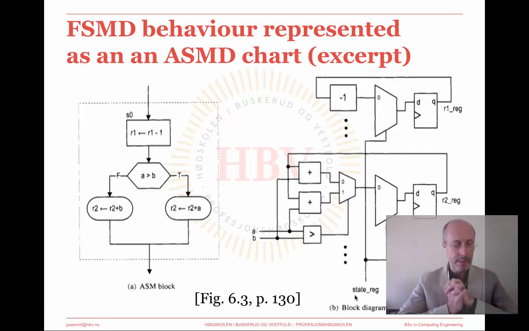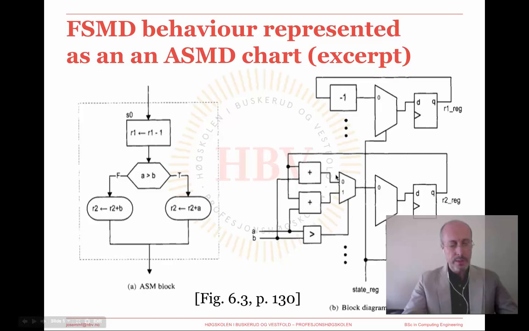You should keep in mind that the destination registers are updated only at the moment when the FSMD exits the ASMD block, that is to say, at the next rising edge of the clock. You may pause the video at this point if you want to go through the various boxes and blocks on the left and on the right, and to notice how they interact to implement the various operations that are represented here.